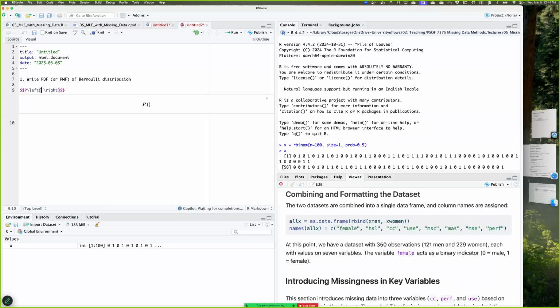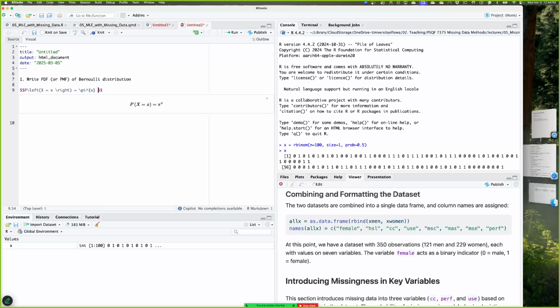Let me just type this here. This is the probability that a random x takes some value, little x. That value can either be 0 or 1. If you find it online, this is equal to the probability of a success, that pi parameter, the thing you're trying to optimize, raised to x itself. I don't need parentheses there.